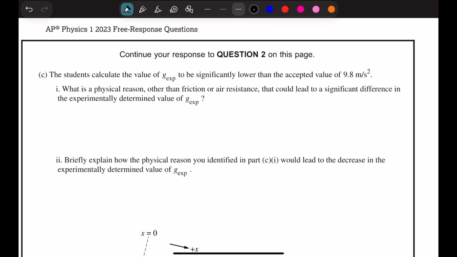Well, an example could be that the ramp angle measured was too large. It was an overestimate.